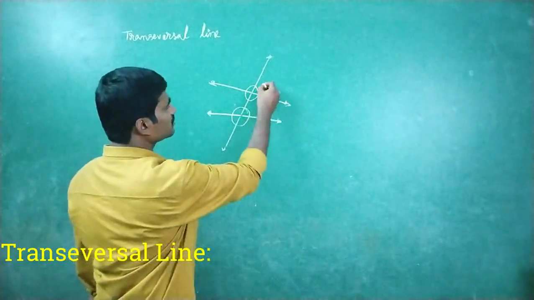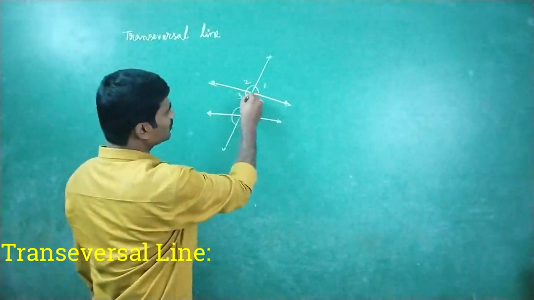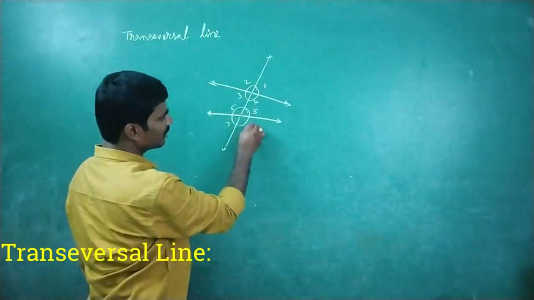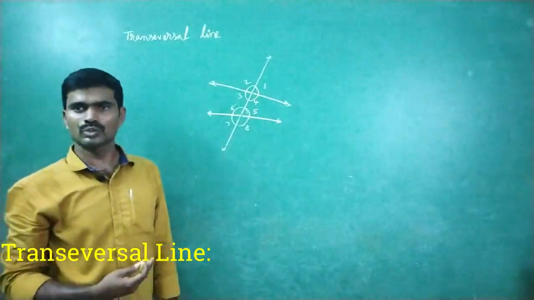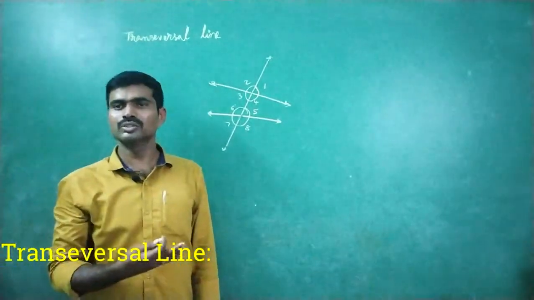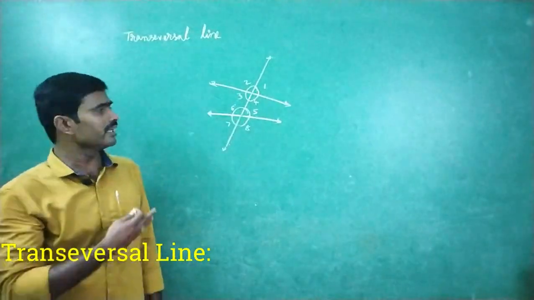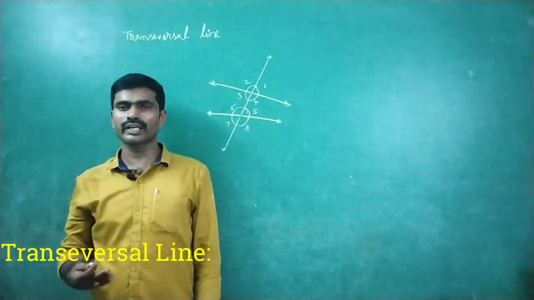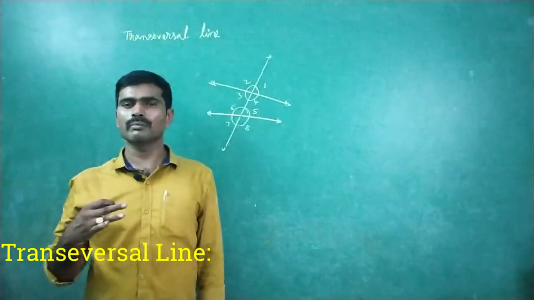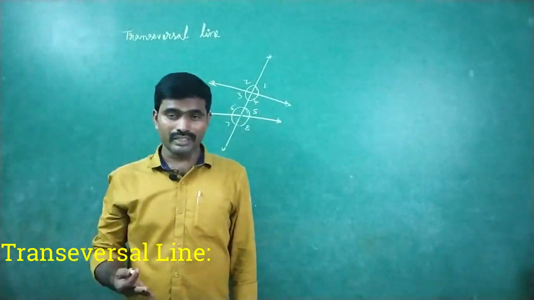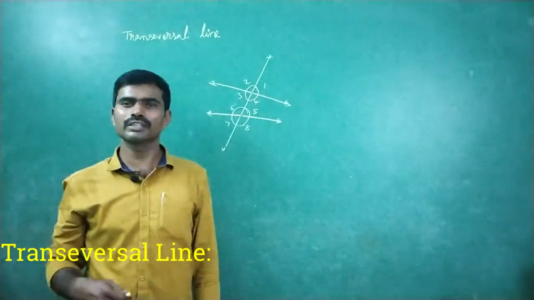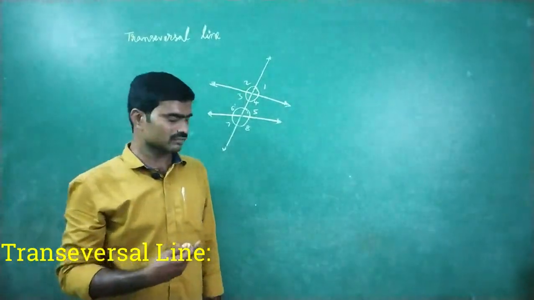We can take them as angle 1, 2, 3, 4, angle 5, angle 6, 7, 8, like that. So, a transversal makes angles with two lines, totally 8 angles. Here, some angles are corresponding angles, some are alternate interior angles, some are alternate exterior angles, some are allied angles. What is meant by allied? I will tell you.